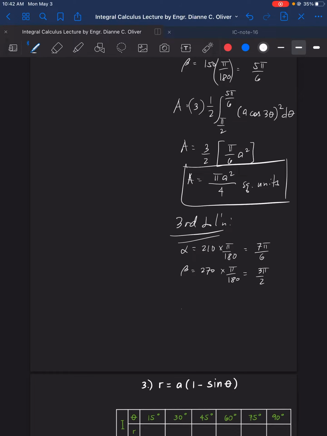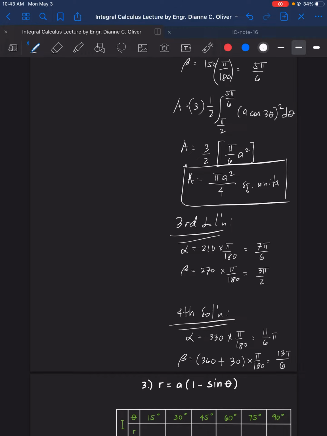For the fourth solution, you will have the alpha as 330 times pi over 180, sorry, that is 11 pi over 6. And the beta is 360 plus 30 times pi over 180. That becomes, no, it's 13 pi over 6.